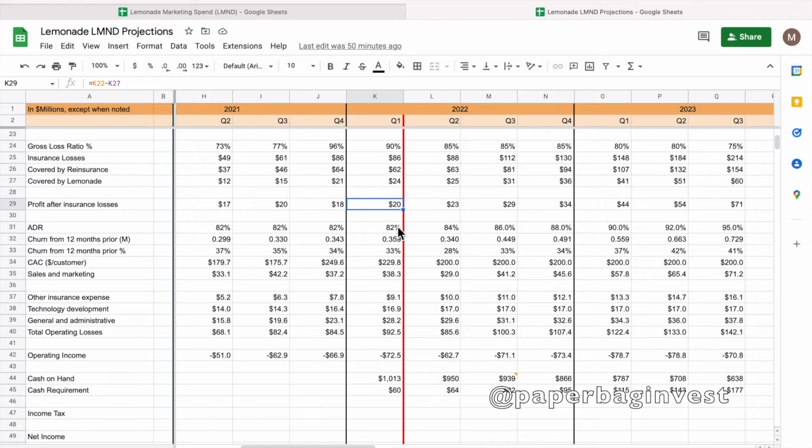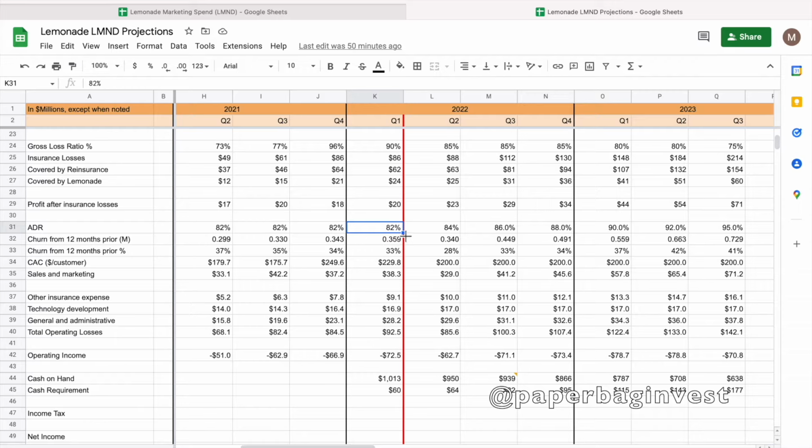Annual dollar retention is basically what percentage of dollars remain if you look at a certain cohort of customers from 12 months prior, say Q1 of 2021. If you look at all those customers that were there at the start, and then all of those same customers at the end, how much money they had in premiums back in Q1 of 2021 versus now in Q1 of 2022, it's 82% of those dollars still in premium.